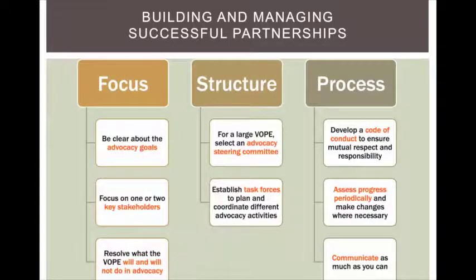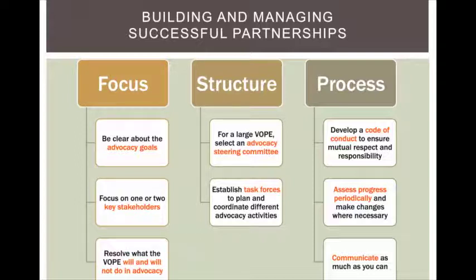As we've looked at our experiences across the world, we have some lessons in these three categories. And each of the categories is a lesson in itself. So first of all, focus is critical in our partnerships for advocacy. We want to use the resource of partnerships really well. And there are three sub-lessons under that. Be clear about the advocacy goals.